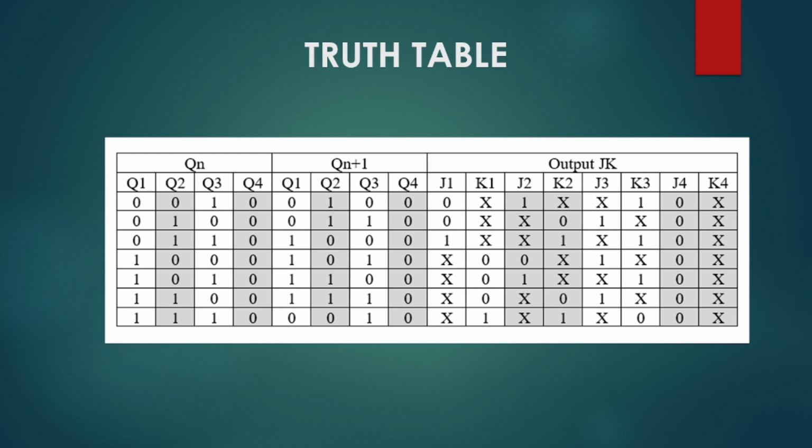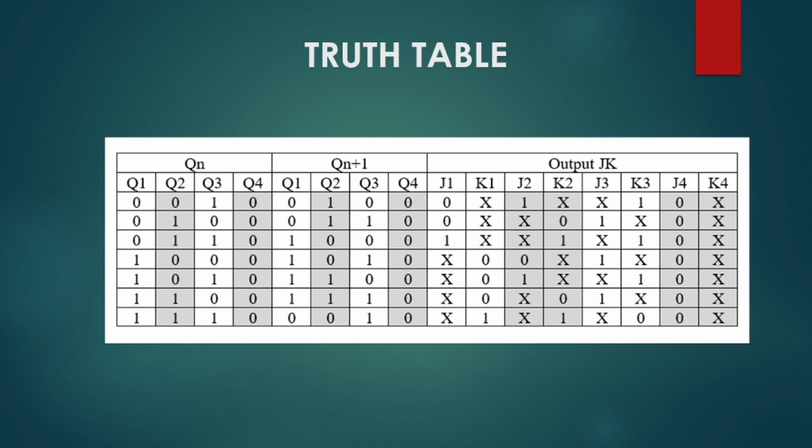On the third line, Qn is 0110 and Qn plus 1 is 1000. So JK1 will be 1X, JK2 X1, JK3 X1, and JK4 0X.